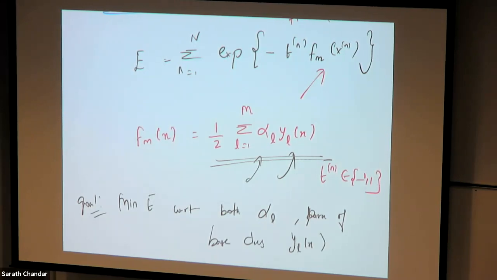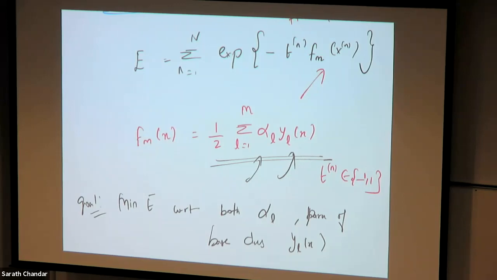Is that clear? Now, typically when you do gradient descent, what would we do? We will compute the final loss. We will differentiate with respect to all the alpha_l's. Similarly, we will differentiate with respect to all the y_l's parameters, right? And update the parameters using a gradient descent update rule, right?